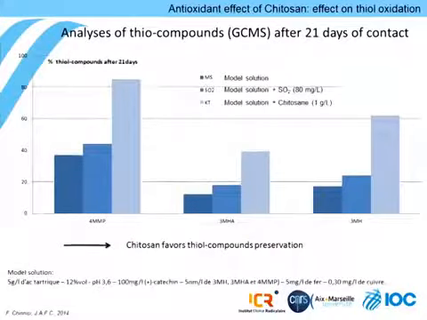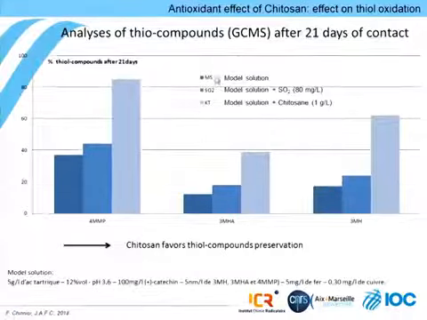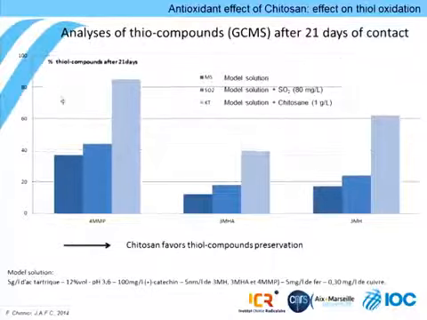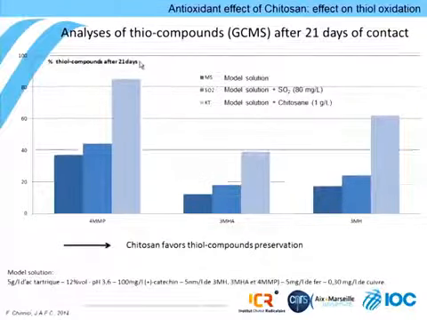I would like to add one thing, and basically I would like to go back to what I said in the introduction with reference to a study that was performed by Dr. Chinnici, who put in a model solution chitosan with different thiol compounds.